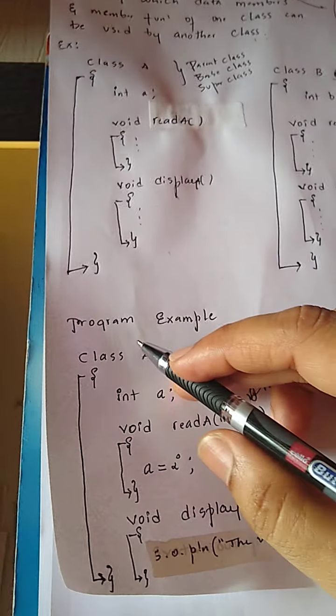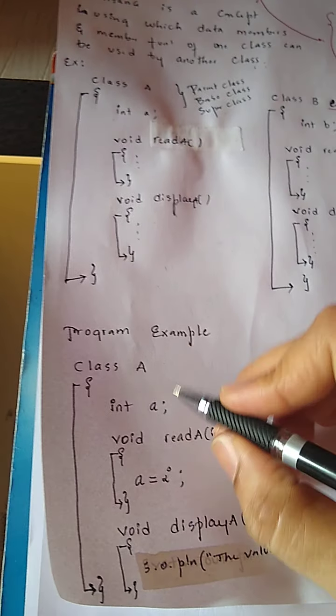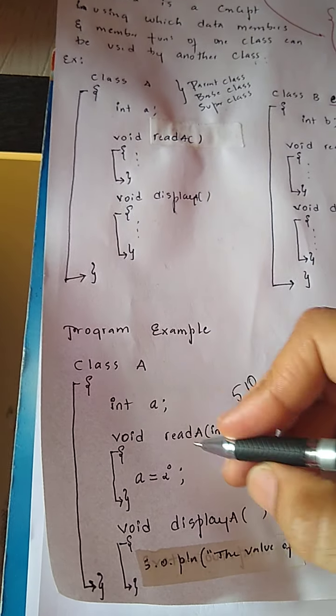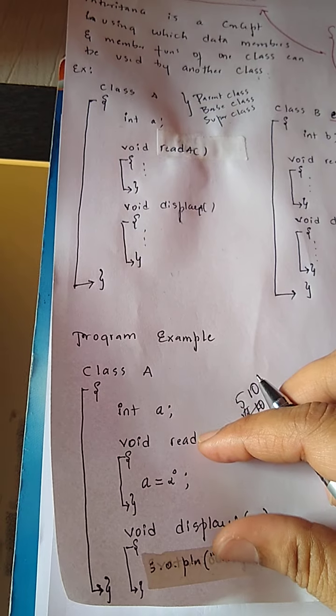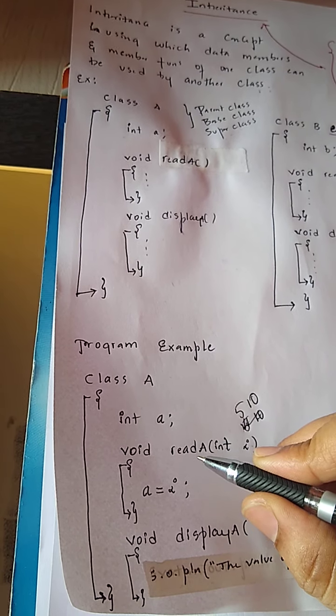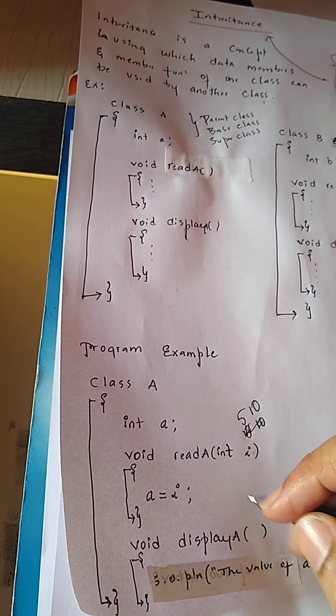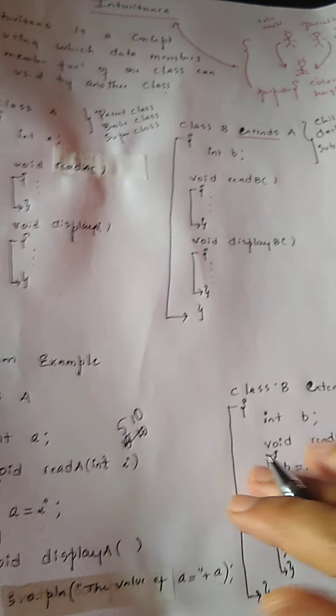For that purpose, I have taken one complete Java program with a class named A, with one data member small a and two member functions, read a as well as display a. In read a, I'm just assigning the value of i to a, that is the data member, and in display I'm just displaying the value of a.